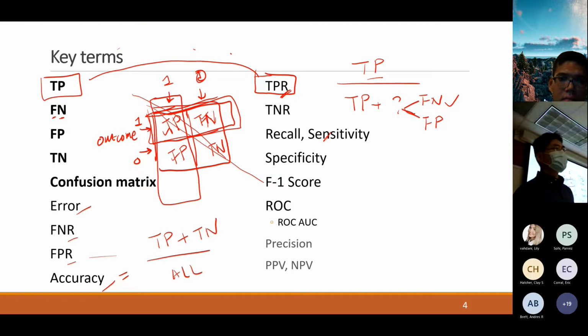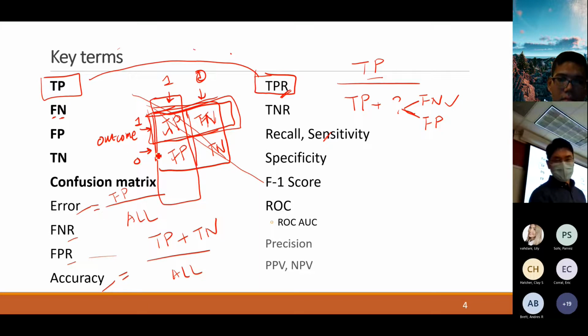So that's the percent of true predictions, regardless of positive or negative. And the error, of course, would be the opposite. You can do 1 minus, but to be more clear, you would have false positive, which is on the second row, negative outcome.